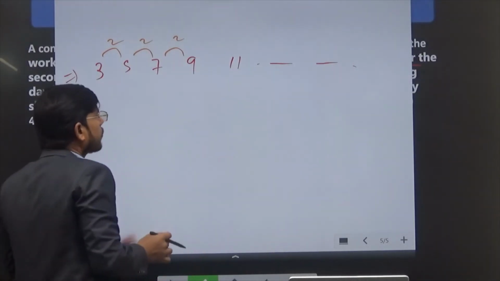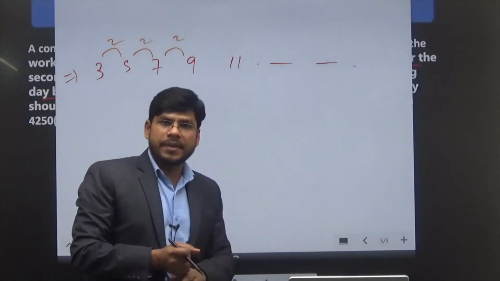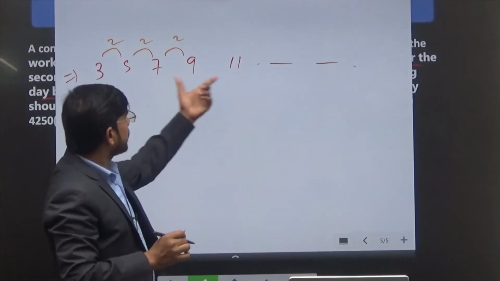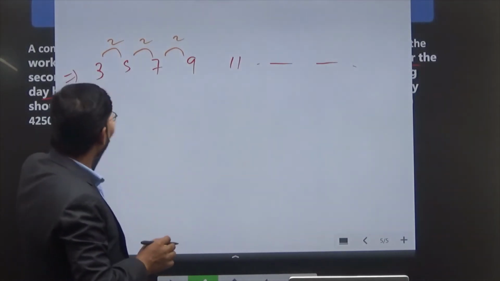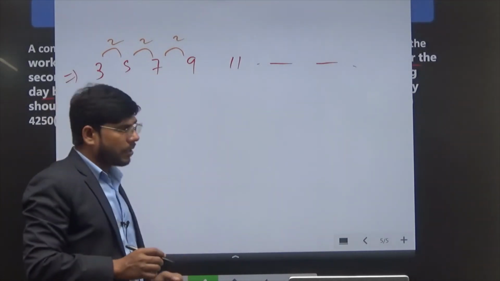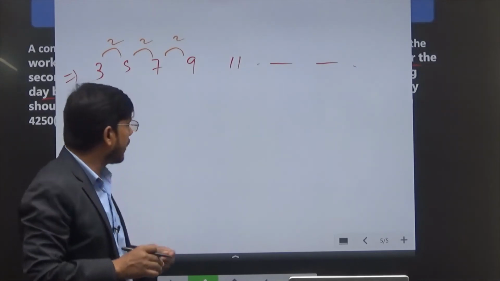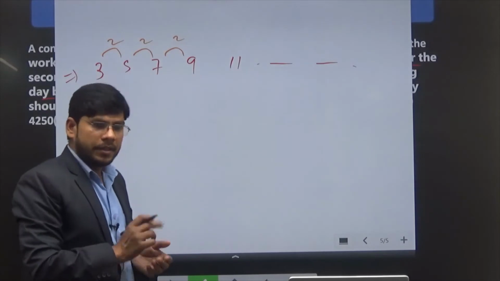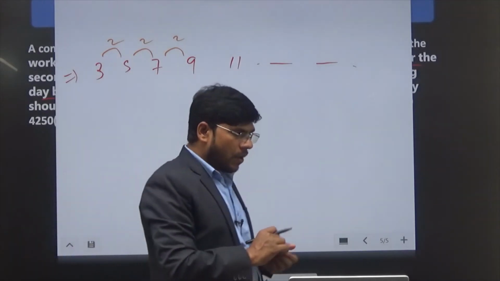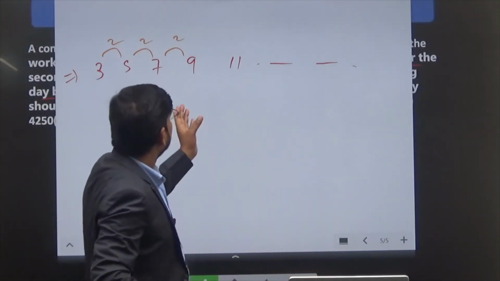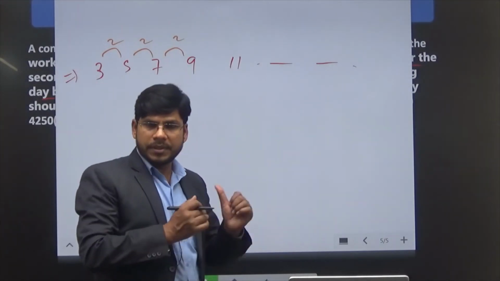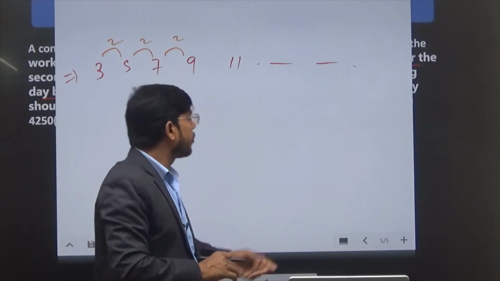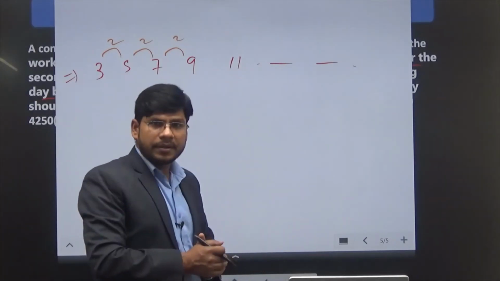Suppose only 5 terms are given, and if I ask you what will be the sum of these 5 terms, then you can easily add these numbers and tell me the sum. But if I ask you what will be the sum of 10 terms of this series, then how do you find it? It will be very difficult because only 5 terms are given.